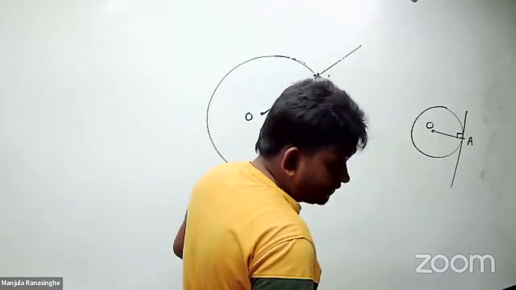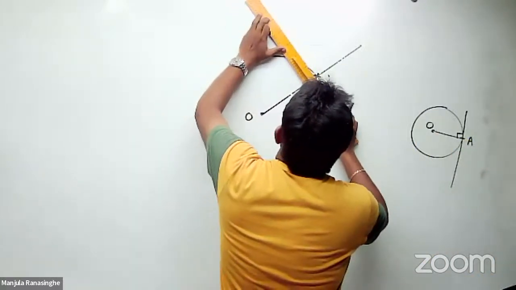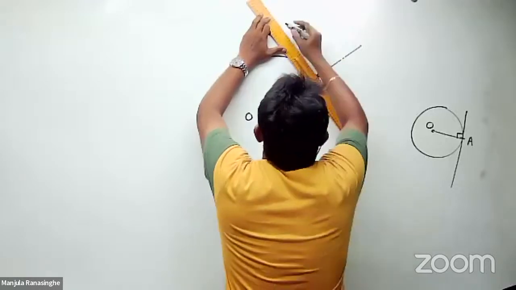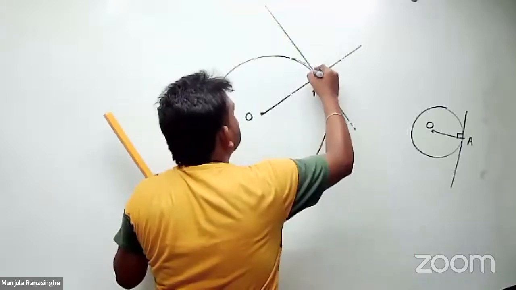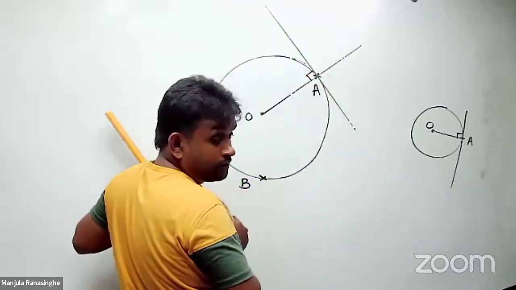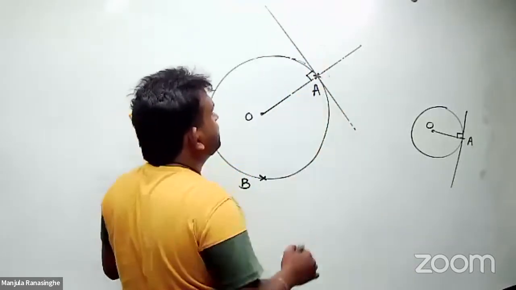Now you can see, this one and this one you will connect together, and this is 90 degrees. Now this is the tangent drawn at point A.